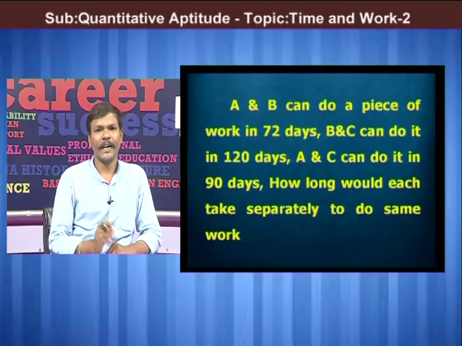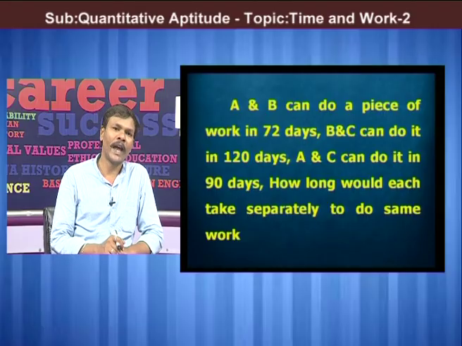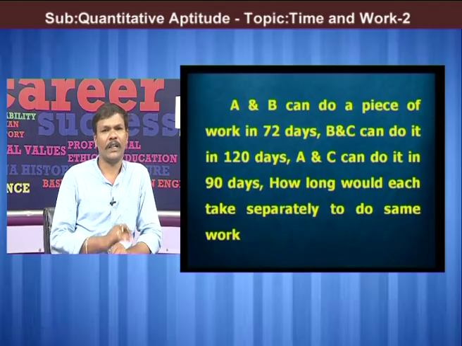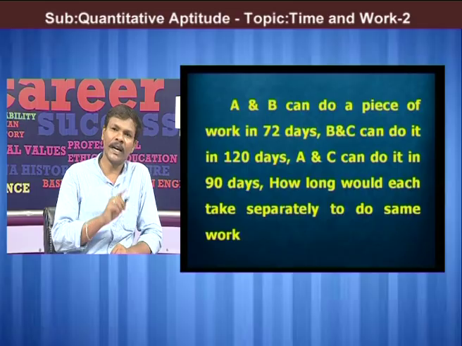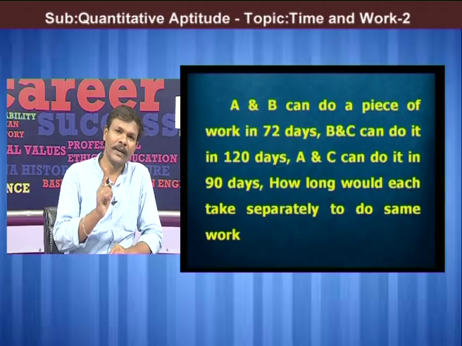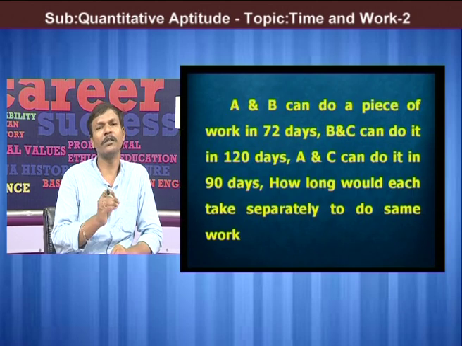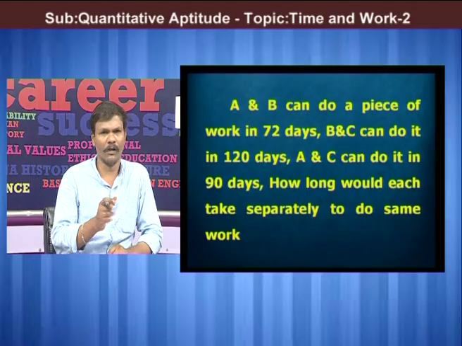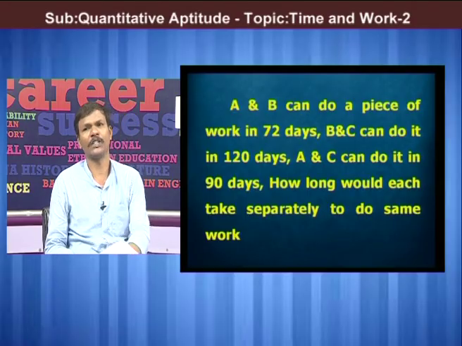Okay, clear. In the before problem, we had to find A, B, C working all together. But in this problem, you have to find how many days A separately, B separately, C separately. So how do we solve this question?